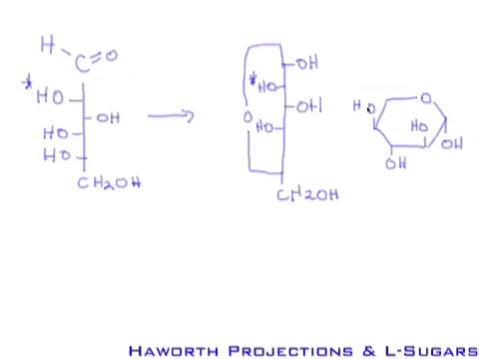But for an L sugar, the terminal CH2OH is down. Notice that applies when the oxygen is in the upper right vertex and the anomeric carbon's here. So if those two positions are not changed, the rule is the CH2OH is down. And that's different from the D sugar. Notice also that the OH here is opposite the reference here. So this is beta. This is beta-L-glucopyranose.